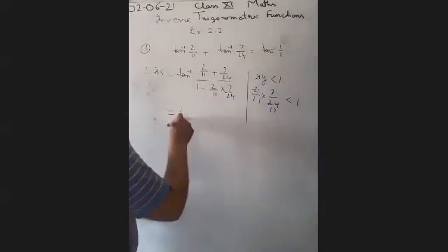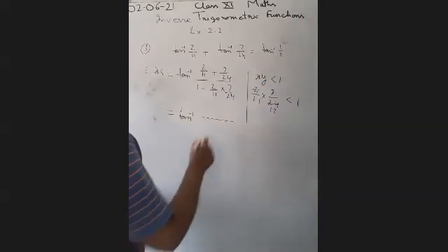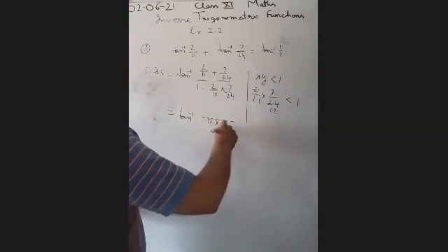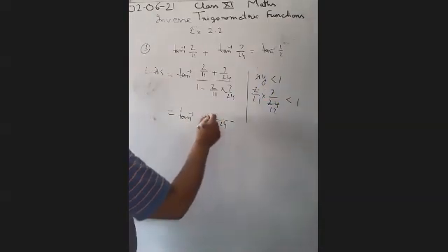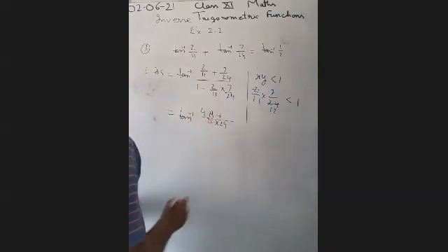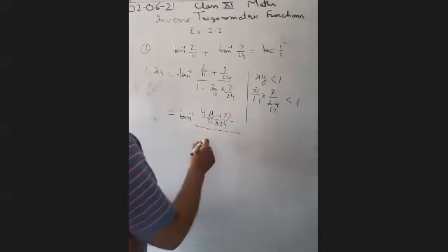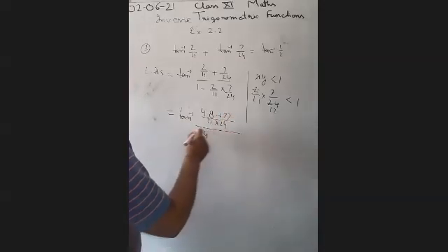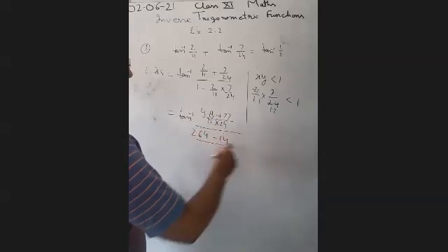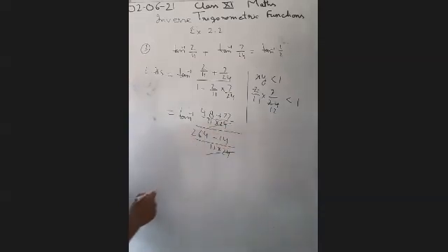So tan inverse, we have to take the LCM, 11 into 24. 11 multiplied by 2 is 22, and 24 multiplied by 2 is 48, so 77 divided by 11 into 24, and we can cancel this.